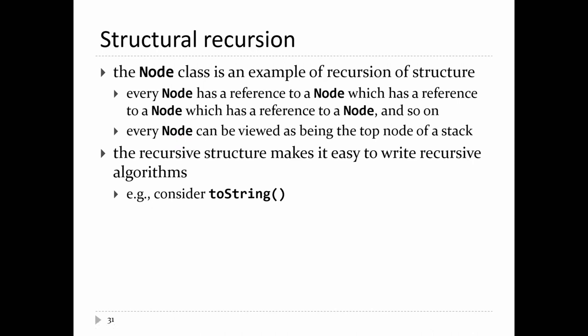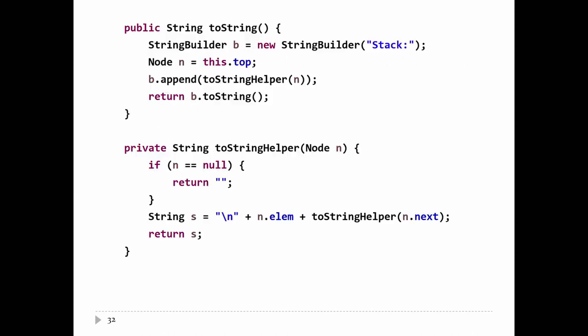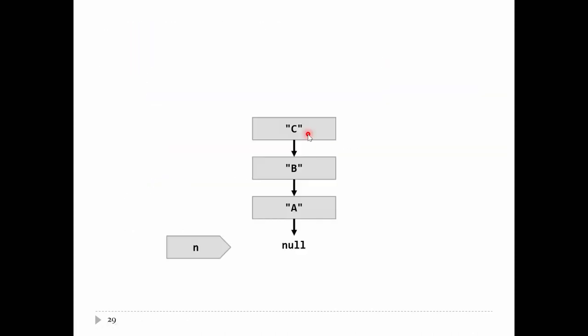Because of this structural recursion, anytime you look at a node, whether or not it's the top node, you can imagine that node is just the top of another stack. In this stack here, that node is the top of the stack. But if you look at this node here, you can imagine that's the top of the stack that consists of the B and the A. And if you look at the node here, you can imagine that this is the top of a stack that consists of just the element A. So whenever you get a node, you can imagine that's the top of some kind of stack.